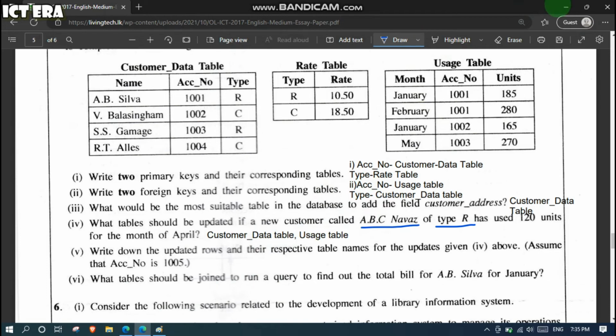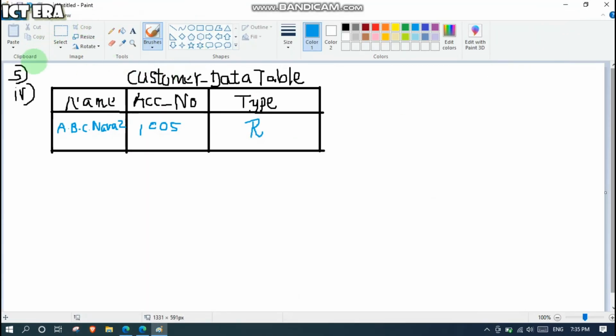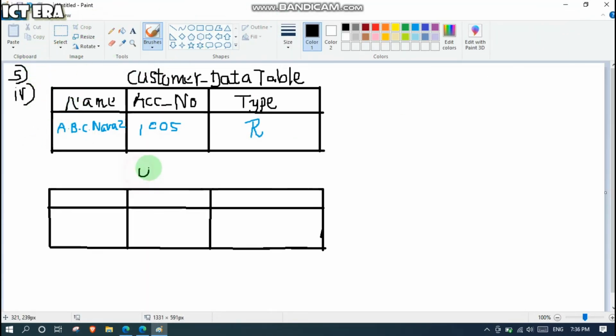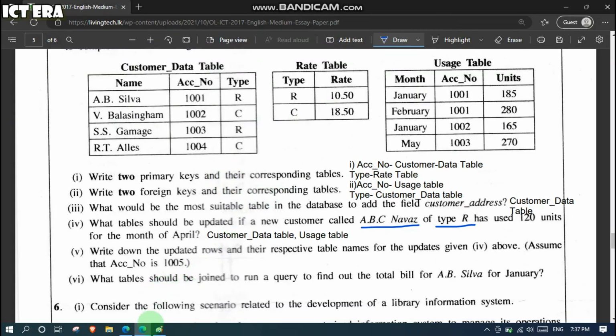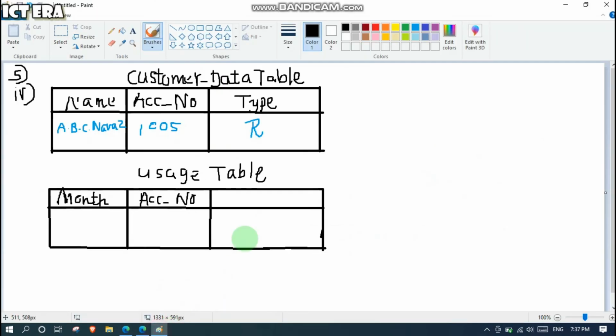Then we have to update another table also. So what's that? Usage table. So let's draw it also. So this is usage table. So what are the columns? Month, ACC number, units.